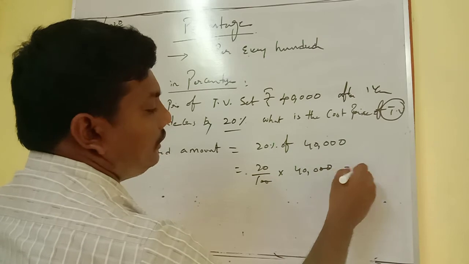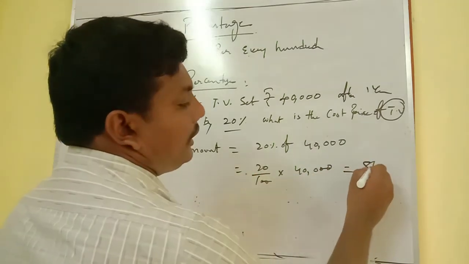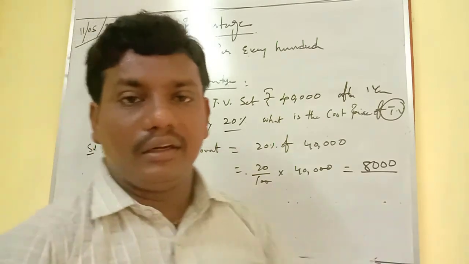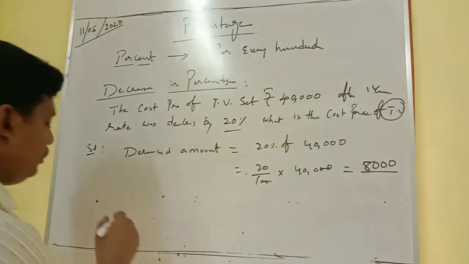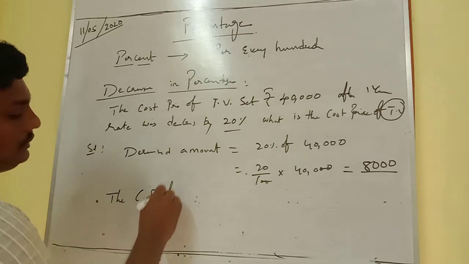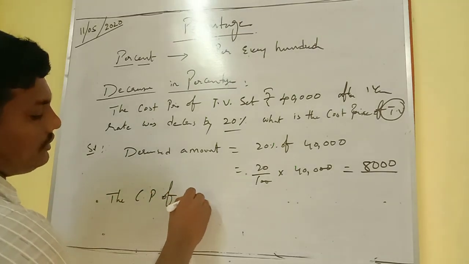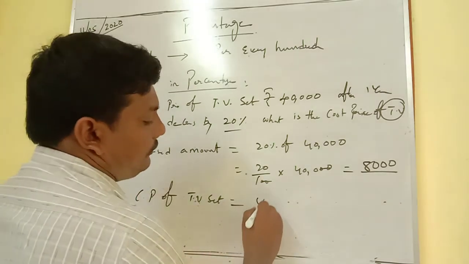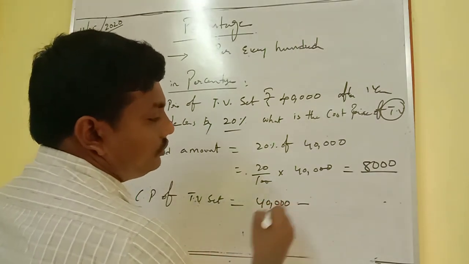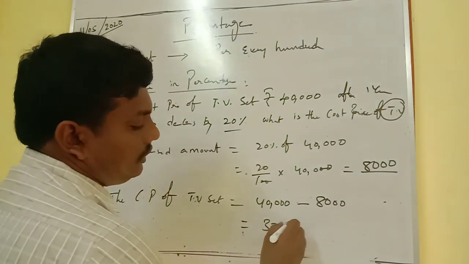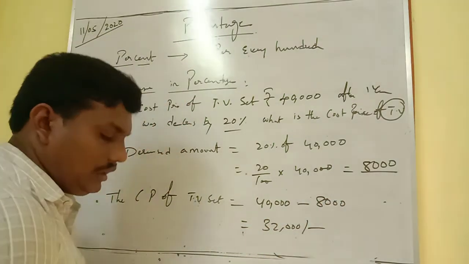These two zeros get cancelled, so that is 2 4s are 8, 8,000 rupees will be deducted from the 40,000. Now the cost price of the TV set is 40,000, and decrease means subtraction, so this is 32,000 rupees.